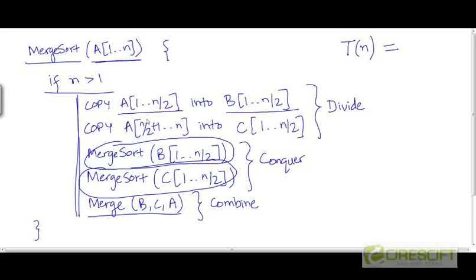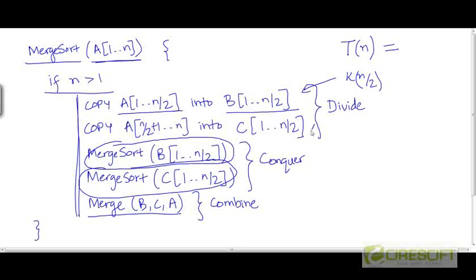So the running time for copying the first half of this array into a different array is just going to be some constant times n by 2. So this line is going to take some constant multiplied by n by 2 amount of time.